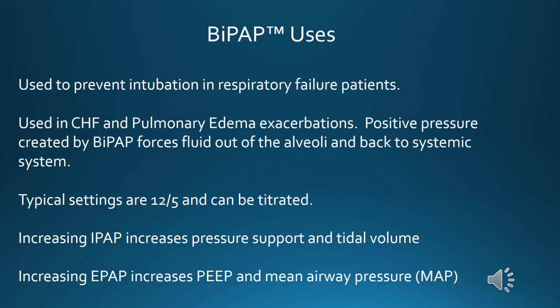The titration part is just like a ventilator. Increasing your IPAP increases the pressure support and in turn increases your tidal volumes. Increasing the EPAP is equivalent to increasing the PEEP and your mean airway pressure, which, as we learned from before, increases your PO2.